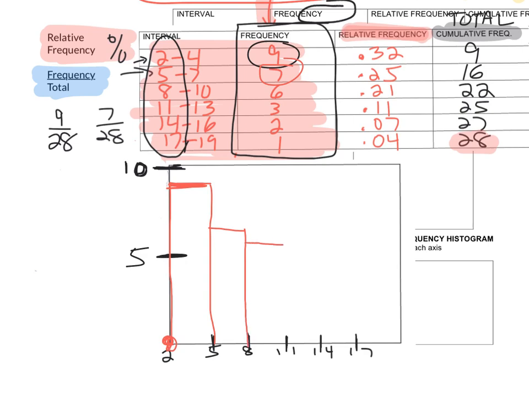The third interval is 6, so I'll go up to 6 for the third interval. Then I'll go up to 3 for the fourth interval, then 2, and then 1. So that's a frequency histogram where we use the intervals and then we use the frequency of each interval.